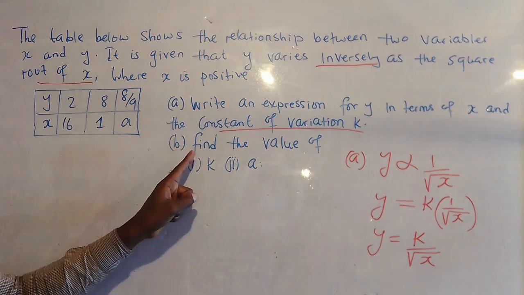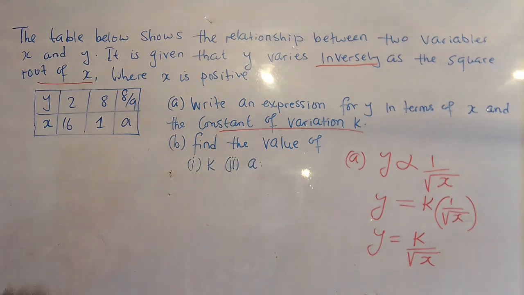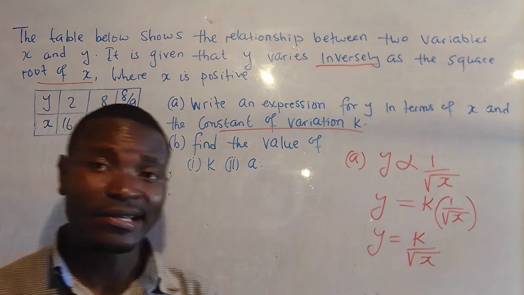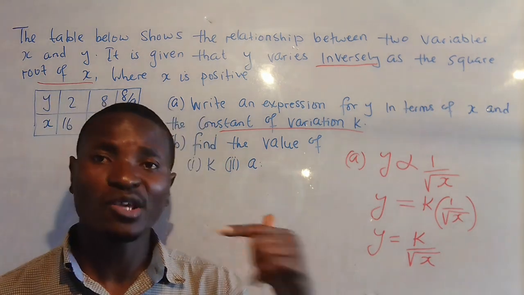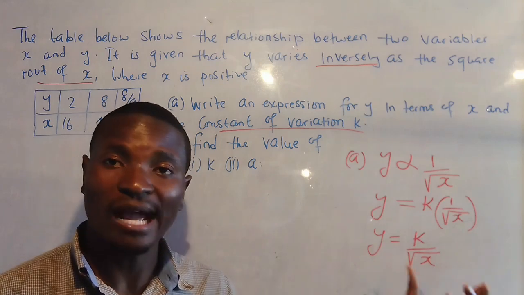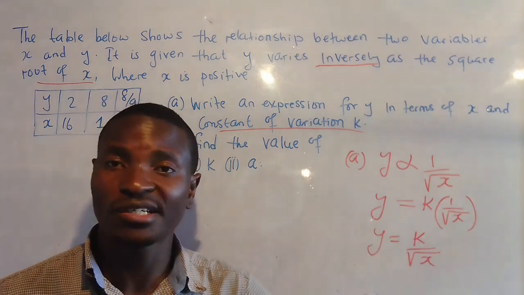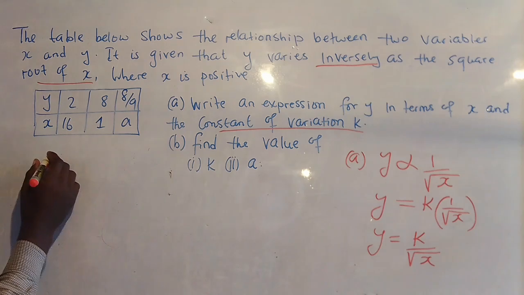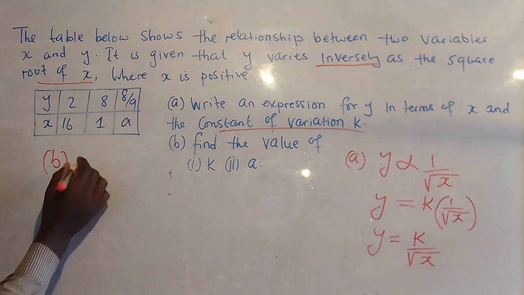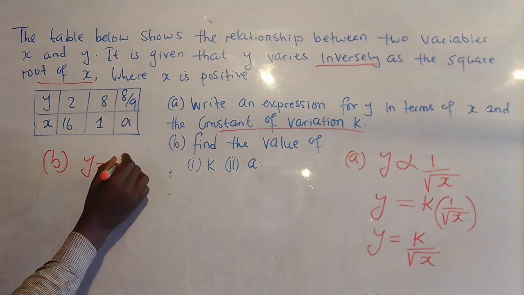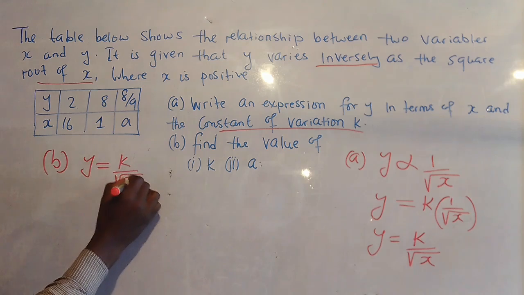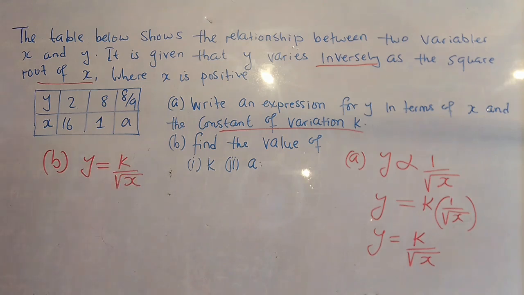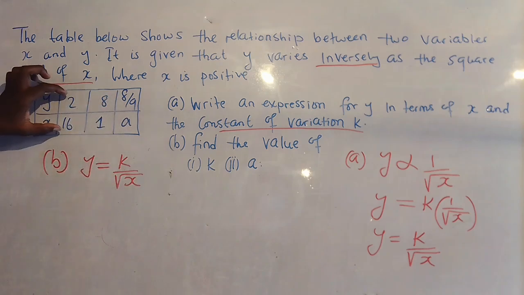The next question says: find the value of k. Whatever you're finding, the formula throughout the question that you'll be using is y equals k over the square root of x. Now you go to the table and pick one pair of points that is complete.